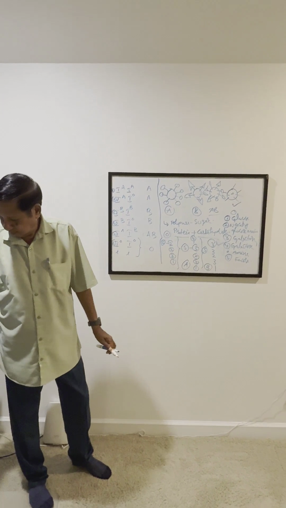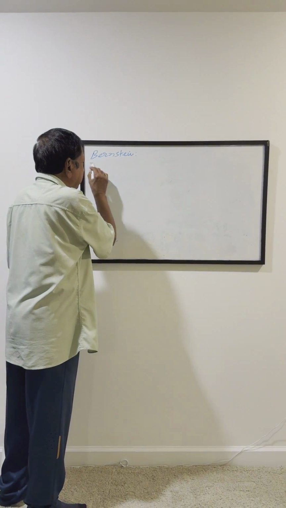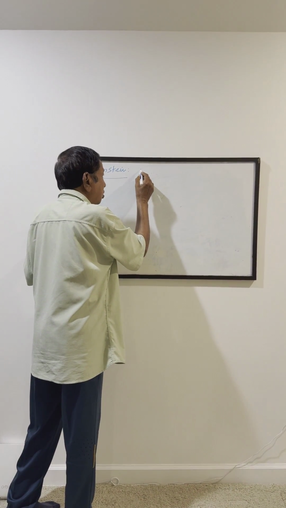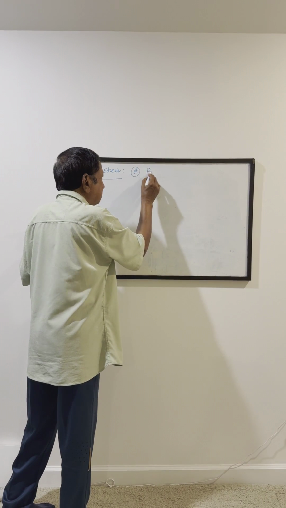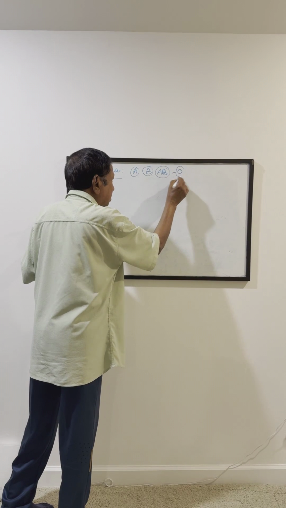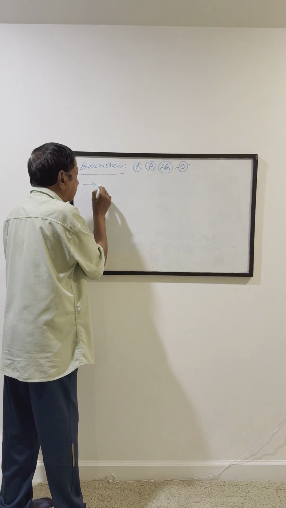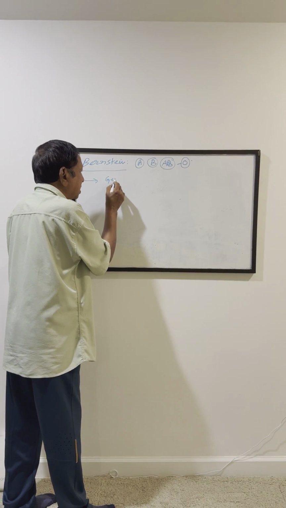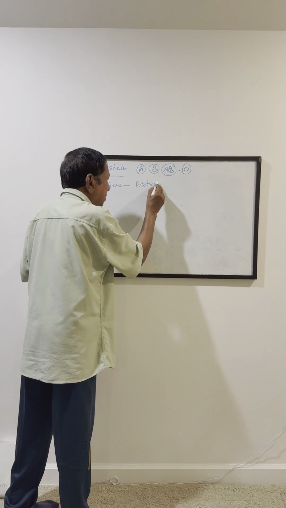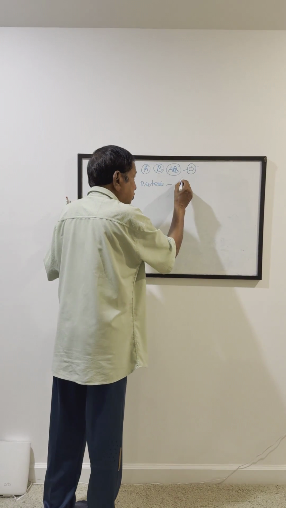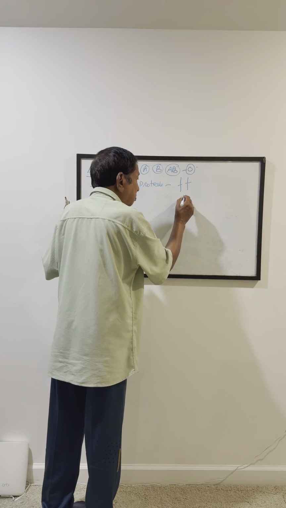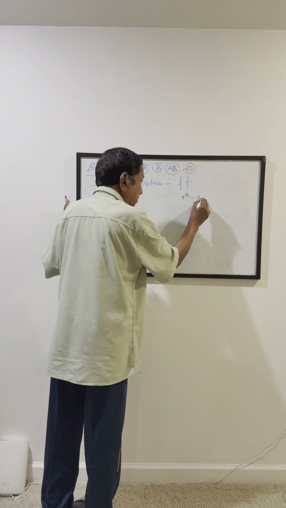Landsteiner is the scientist who expressed that the so-called blood groups A, B, AB, and O are due to the expression of the gene which produces the protein, and this protein is synthesized with reference to a gene present on the ninth chromosome of human beings.